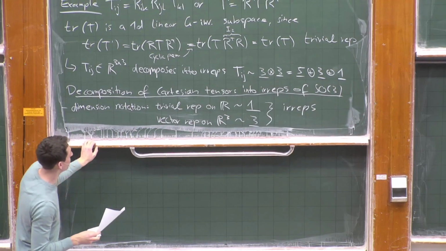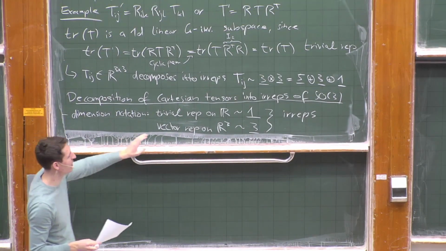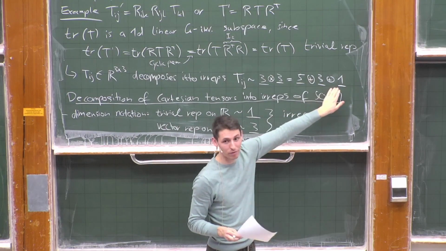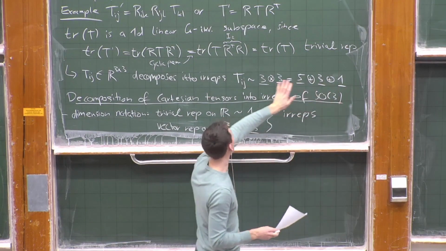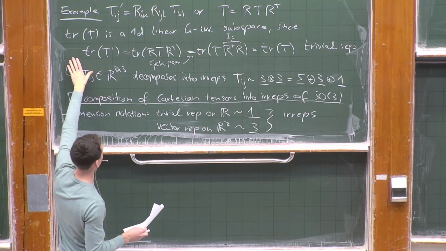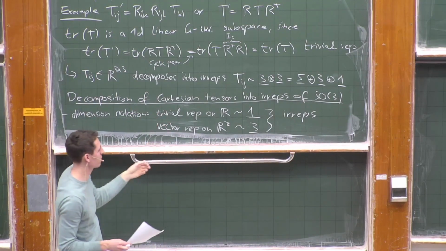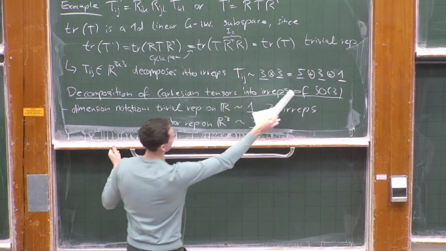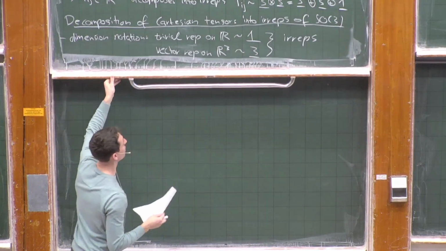And a part of it we've already seen, namely this one here. This one is this linear subspace that corresponds to the trace. And then there are also, I'm going to write this down again.